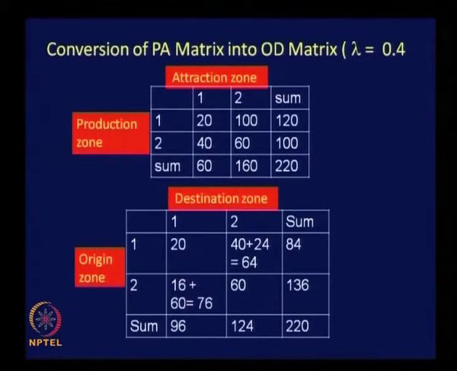Okay. The two way movements are almost balancing, and let us take lambda to be 0.5 and do the same exercise and check whether there is any major difference between this result and the result of the practical case of lambda being 0.5.